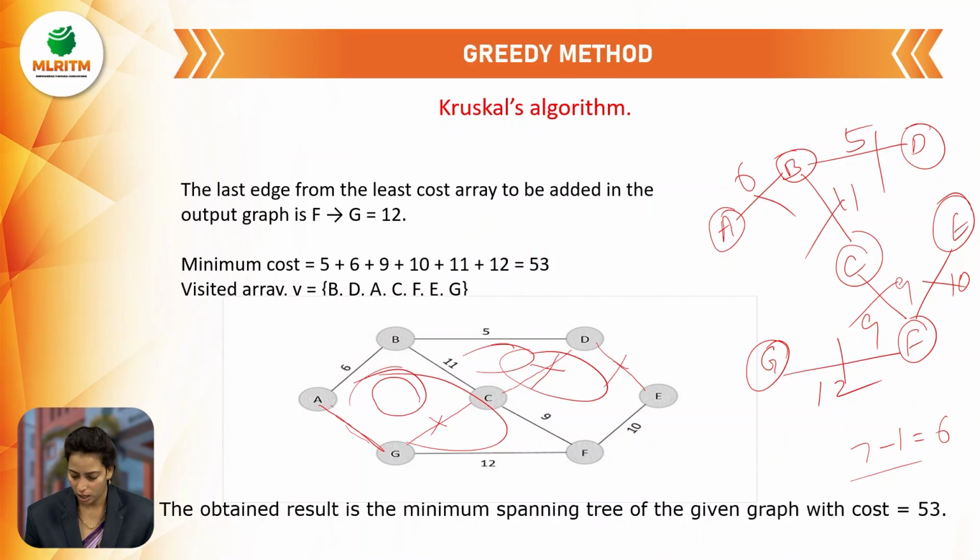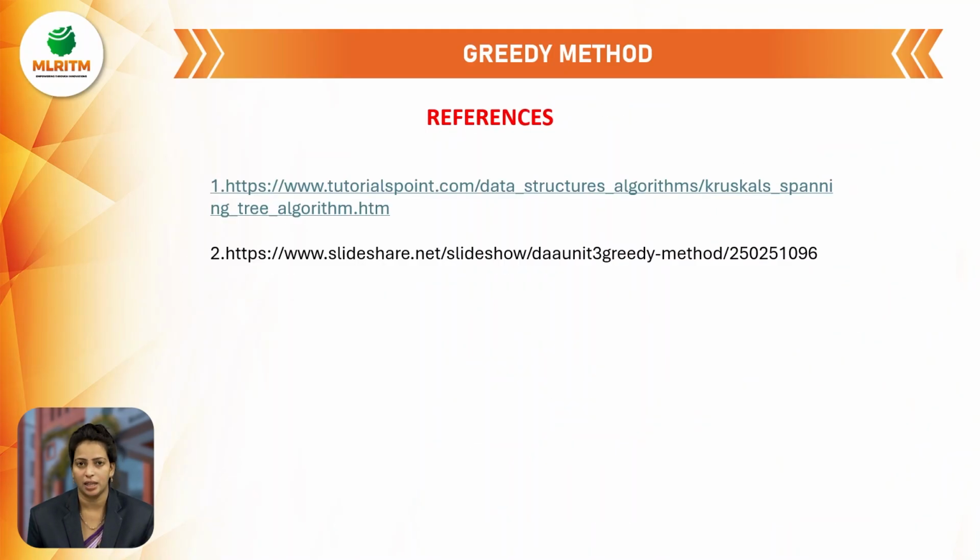So what is the total cost? 6 plus 5, 11. 11 plus 11, 22. 22 plus 10, 32. 32 plus 9, 41. 41 plus 12, 53. Total MST value is 53, right?